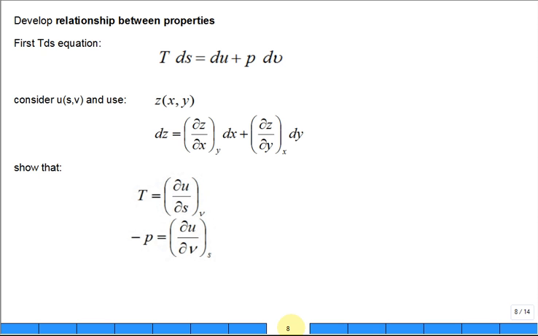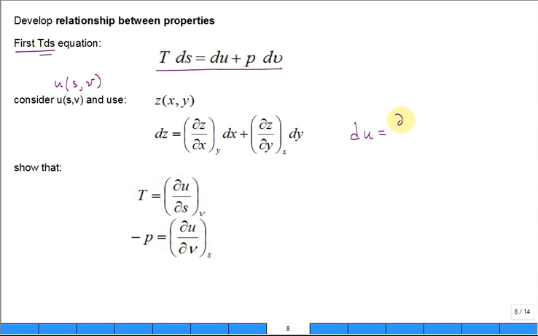So start with the first of the two TdS equations. Here it is. And now just pick that U, internal energy, is a function of entropy and specific volume. If that's true, then a small change in internal energy can be related to what?